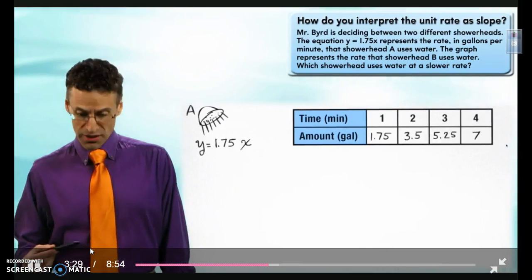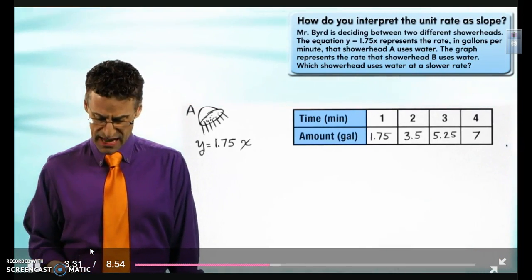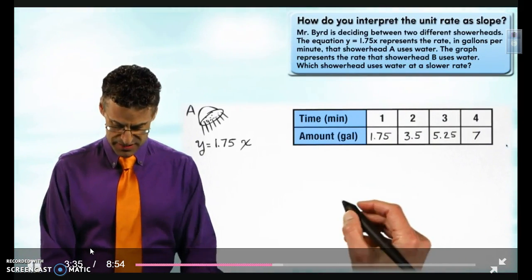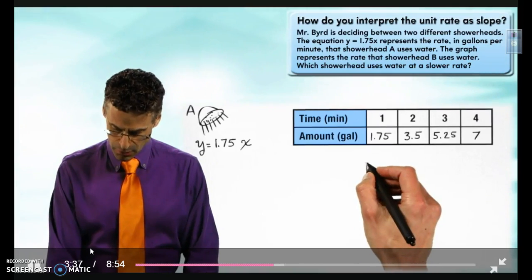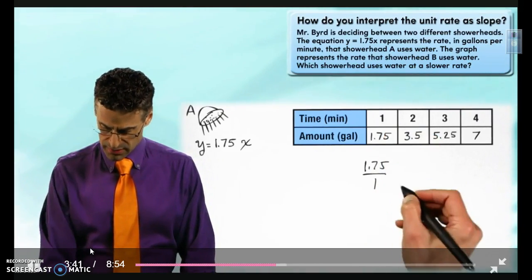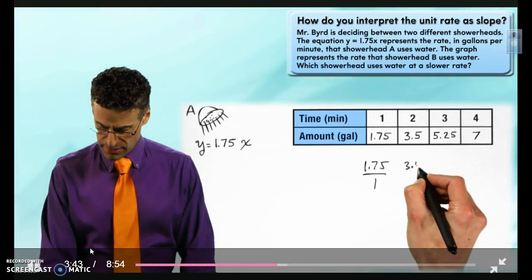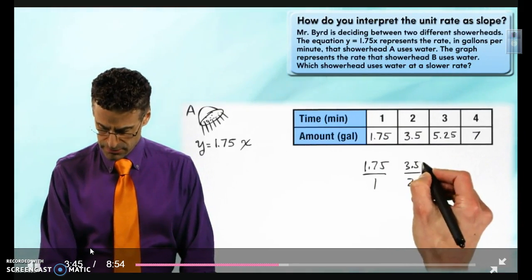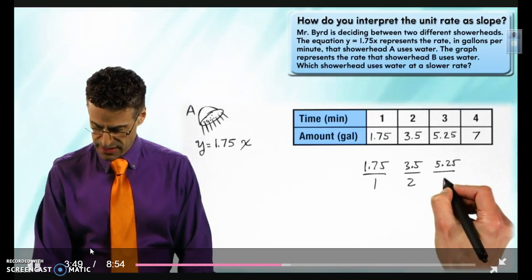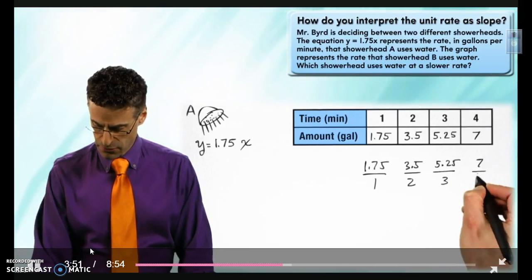Now, what we could do if you want to would be to look at the ratio of these numbers. So you could look at, for example, 1.75 to 1. You could look at 3.5 to 2. You could look at 5.25 to 3, and even 7 to 4.